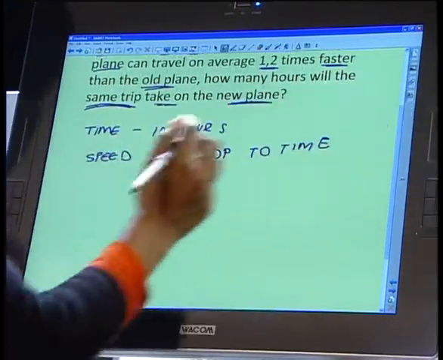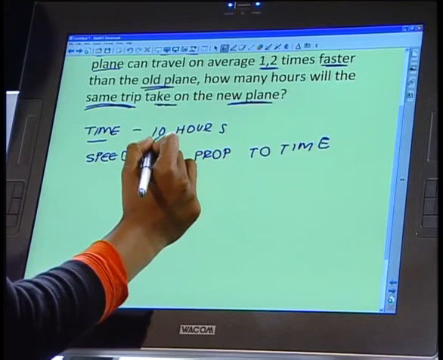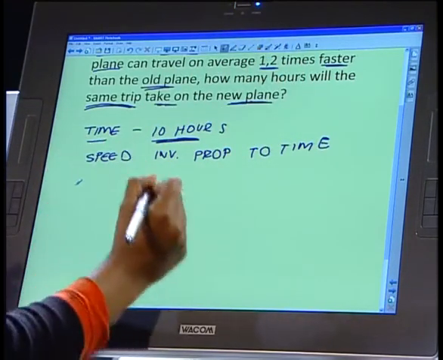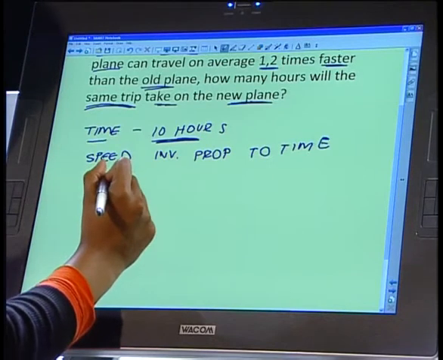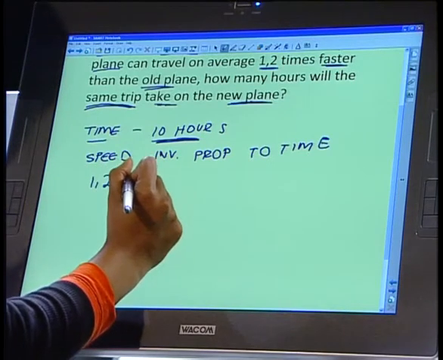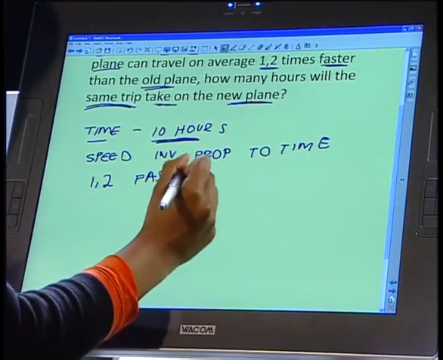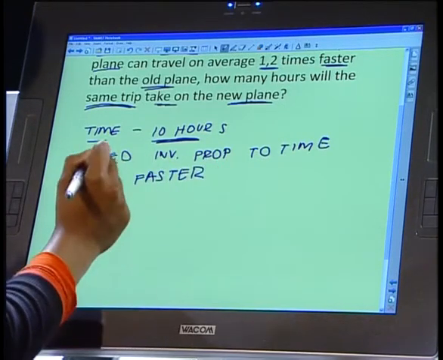All right, so they gave us that the time is 10 hours for the trip. They have told you that your new plane can travel 1,2 times faster. So that means your speed is 1,2 times faster.